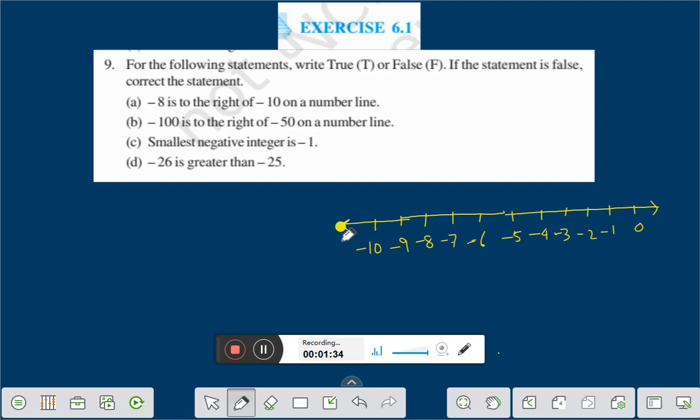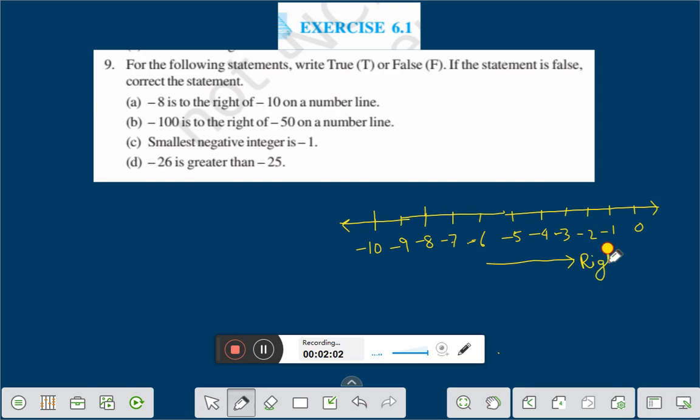Now, minus 8 is to the right of minus 10. You see minus 10 is here, and minus 8 is here. Now I have to see which one is greater.